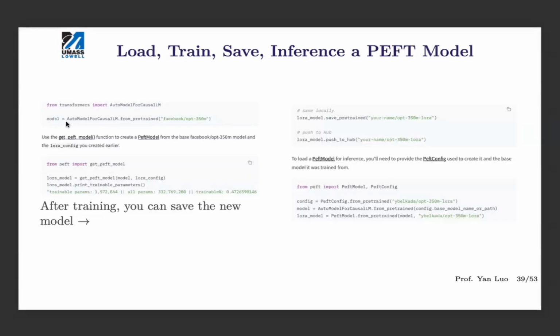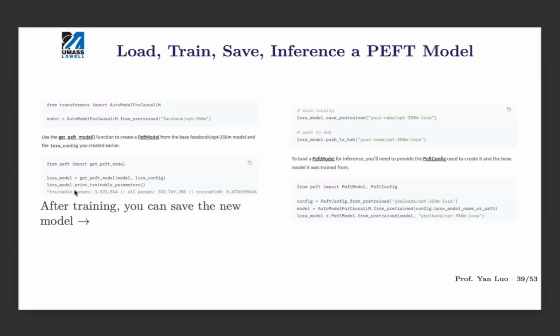we could load the base model, that's facebook/opt-350m. You can then use the LoRA config that you defined earlier to establish the PEFT model for training. So you basically use the base model with LoRA config, and then you have a LoRA model.